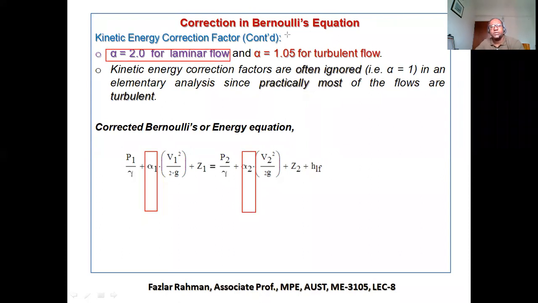But if the flow is turbulent, then we can use alpha equal to 1.01. Now, in most cases we have turbulent flow. That's why we can ignore it, or think alpha equal to 1, because 1 and 1.05 don't make that much difference.